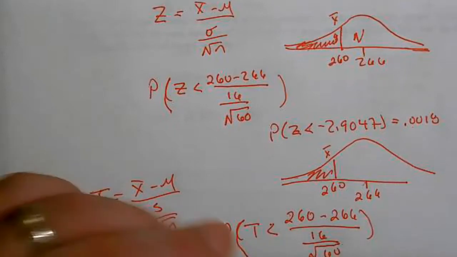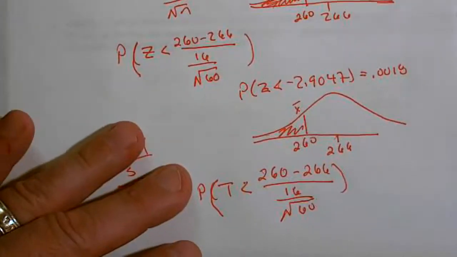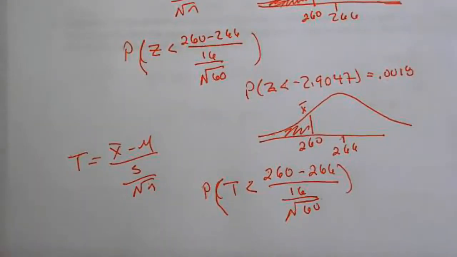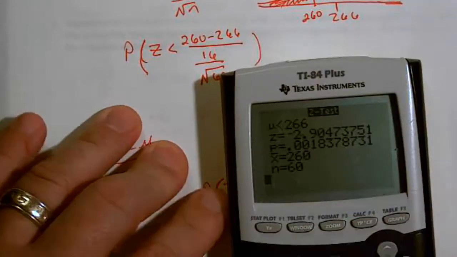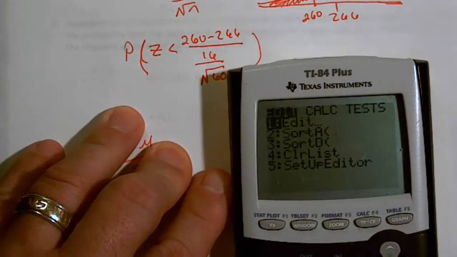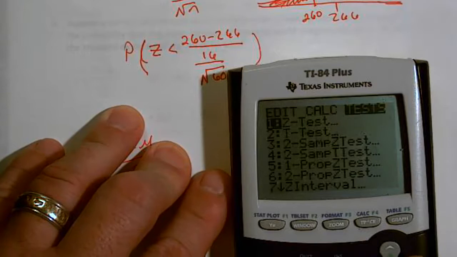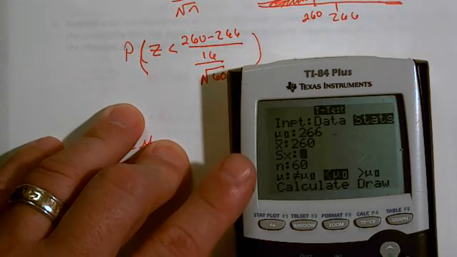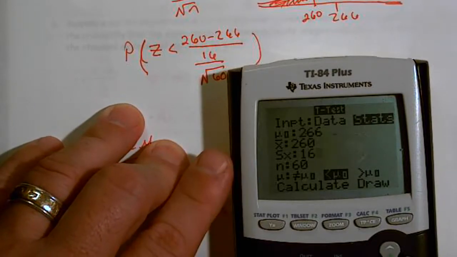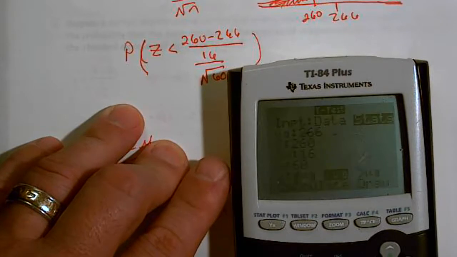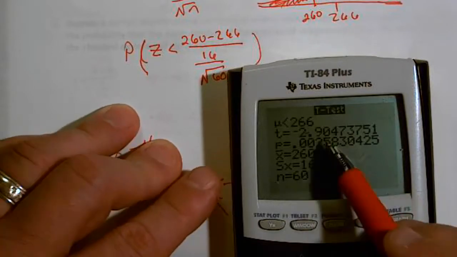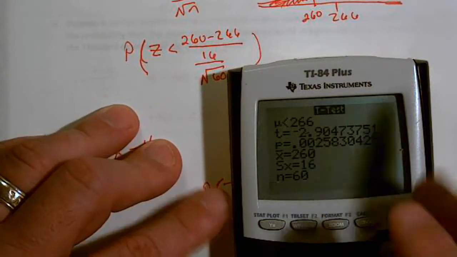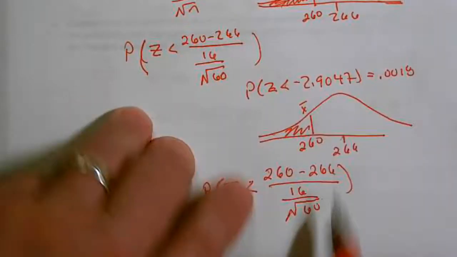All right. So once again, I can do this by going to the stat test T test. So let's do that. Stat test T test. Standard deviation of 16. And then we go ahead and calculate. And we still get exactly the same T score because it's the same formula.